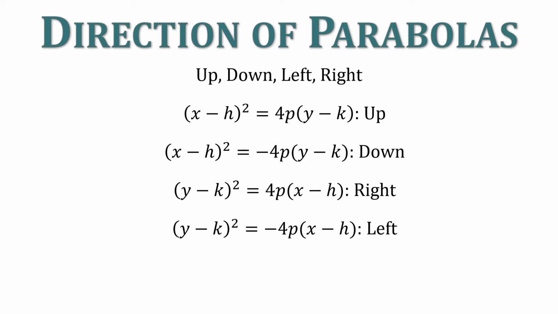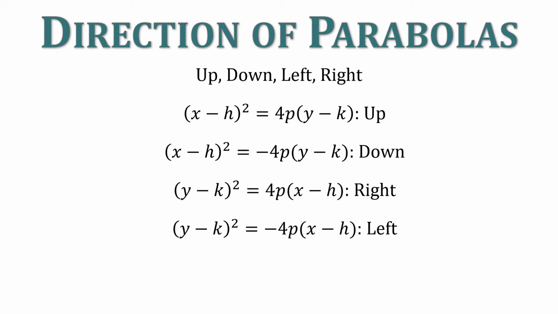So, let's talk about directions of parabolas. Your parabolas can face 4 different ways. In the past, they've only been able to face either up or down. But now we can go left or right, up or down. So now we have 4 different directions. And our equations are going to indicate which direction our parabola is facing.